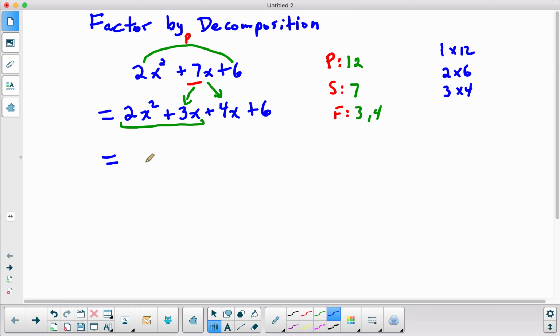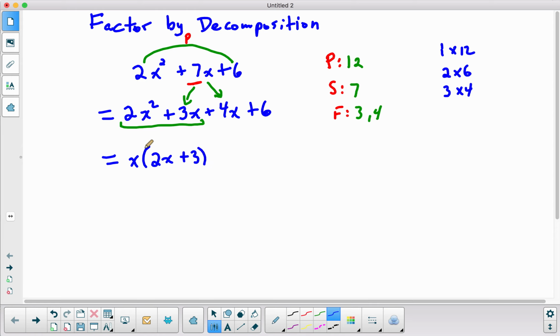So x is a common factor. Just looking at these first two terms, we pull out x as a common factor, and then we divide each term by the x. 2x squared divided by x is 2x, and 3x divided by x is just 3.